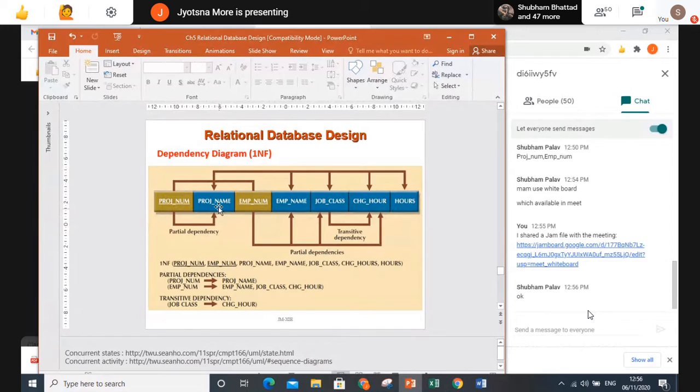Which kind of dependency is it? Partial functional dependency, fully functional dependency, or transitive functional dependency? Just now we covered the concept of partial functional dependency, fully functional dependency, and transitive, right?